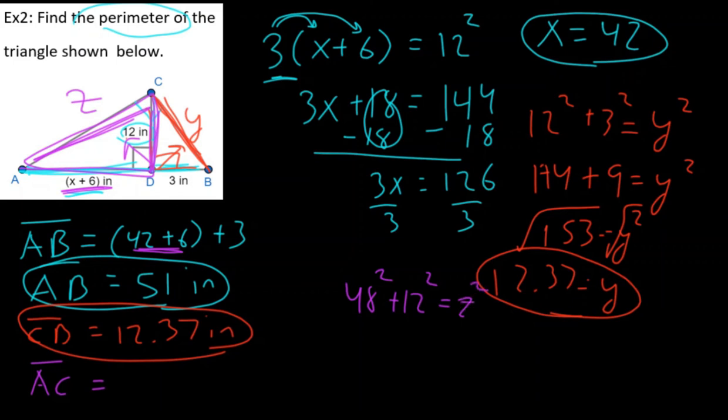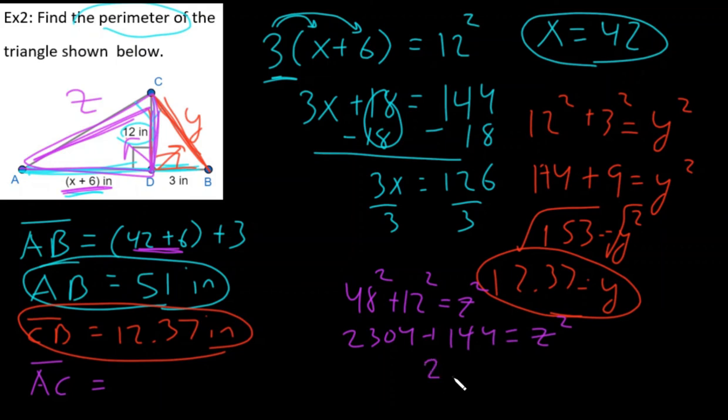Alright, let's grab our calculators and get prepared for some very big numbers. 48 squared, or 48 times 48, is 2,304, plus 12 squared is 144, and this is equal to Z squared. What is 2,304 plus 144?